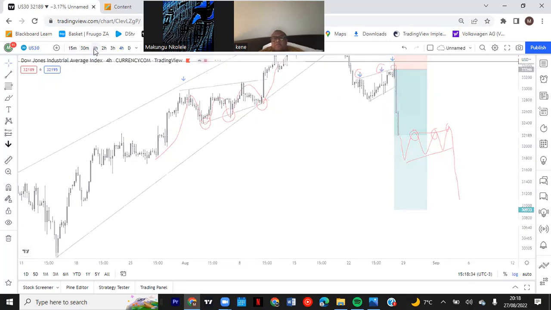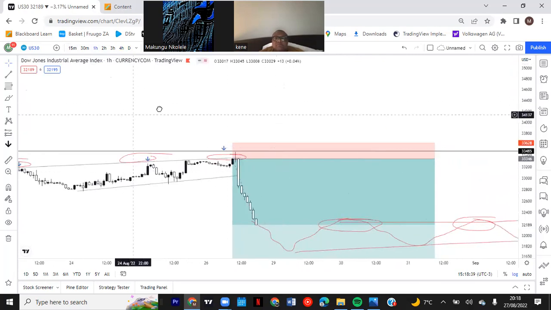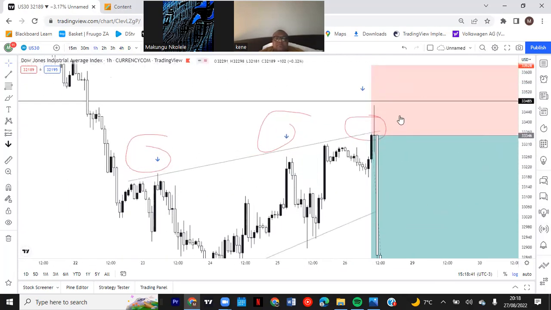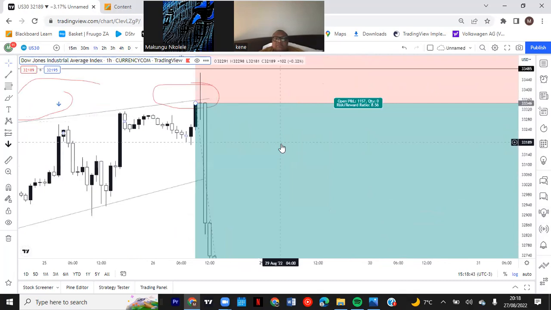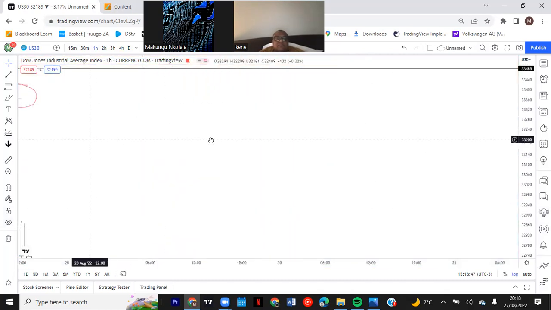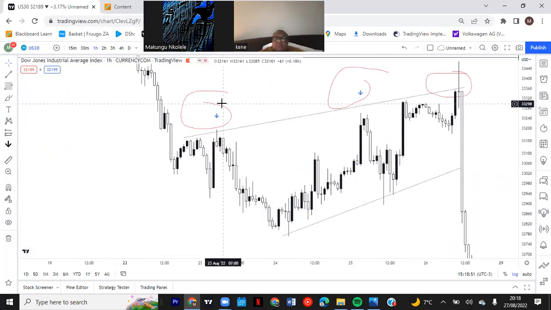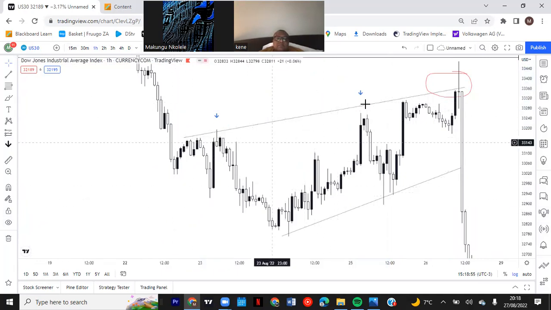Okay, let me just zoom in so we can look at the type of candlesticks that we had on the third touch of our correction. So I'm just gonna remove this, so we can have a clear chart. Hold on, give me a moment.